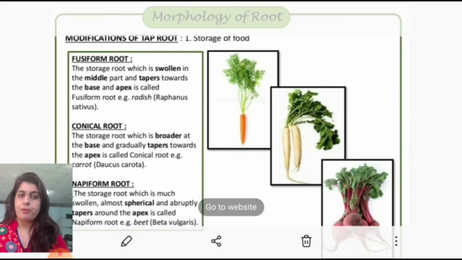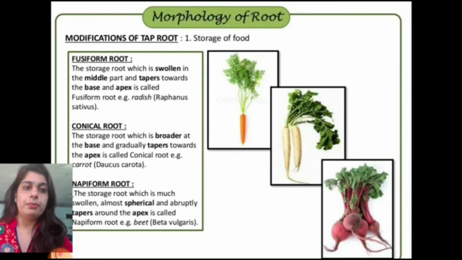Next is napiform roots. Napiform roots also have the function of storage of food and are swollen. It is almost spherical and abruptly it tapers from the apex. The example of the napiform root is beetroot and turnip. You can see the pictures of modification of roots of carrot, radish and beetroot.